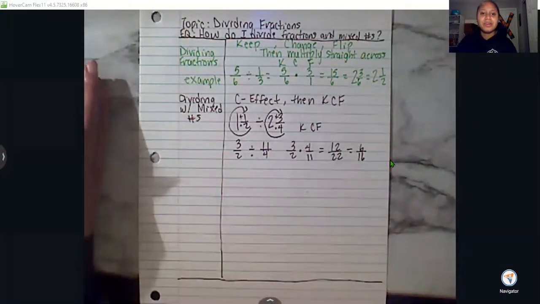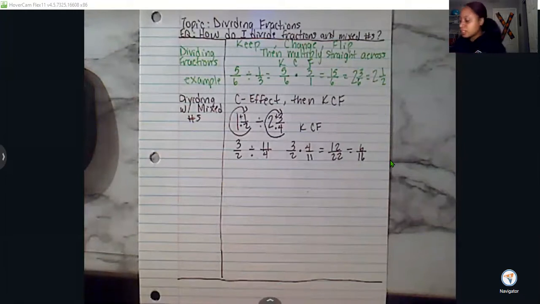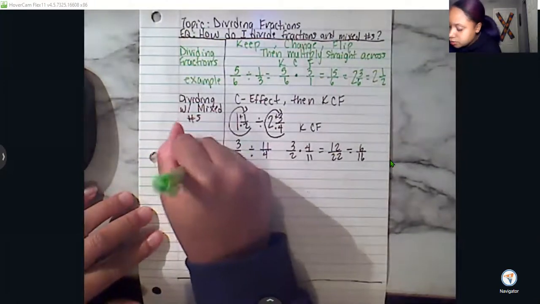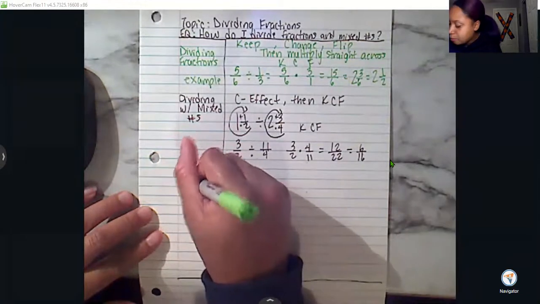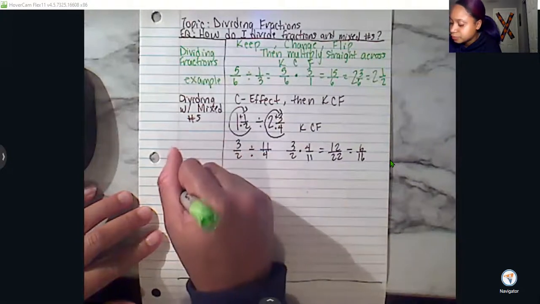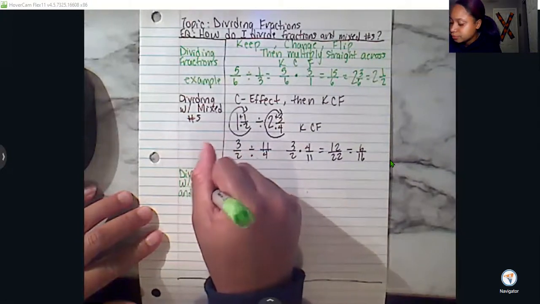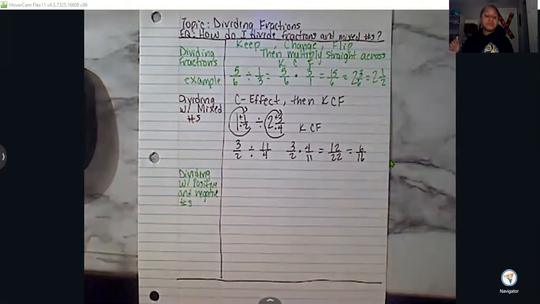After that, now we're going to divide with positive and negative numbers, which we did talk about during multiplying fractions as well. Now we're doing it with positive and negative numbers. When we're dividing with positive and negative numbers, we just need to remember our multiplying and dividing rules.